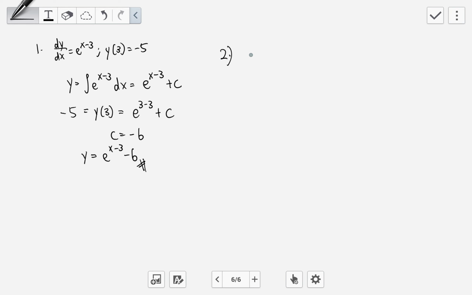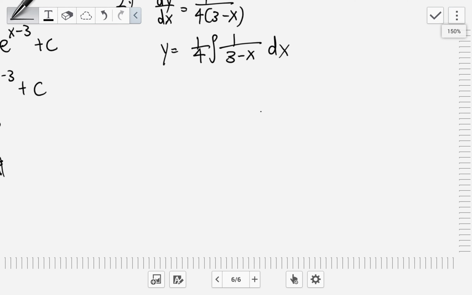Then question 2. So dy/dx equals 1 over (4(3-x)). Okay, so when I integrate, y equals 1 quarter, I can bring it out. So constant numbers, when it's a multiple, we can just bring it out of the equation.